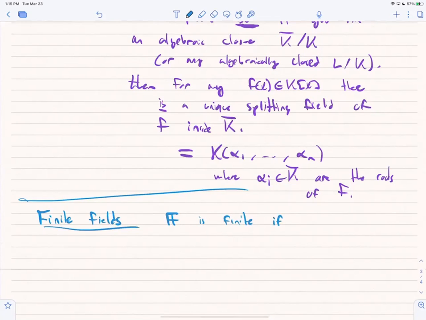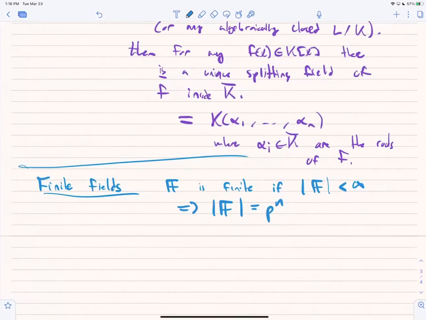So the size of F is less than infinity. But we already know something about this, because on your homework and in class, we showed that the size of F is some power of p, where p is the characteristic of F. The point was, if your prime subfield is the rational numbers, then the field is infinite.